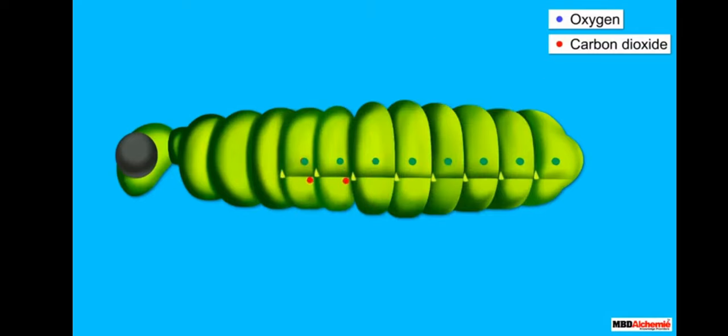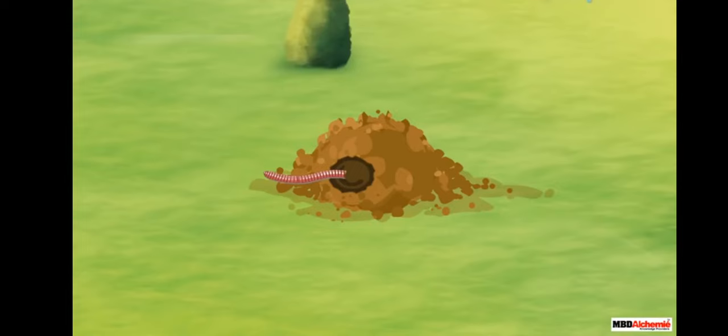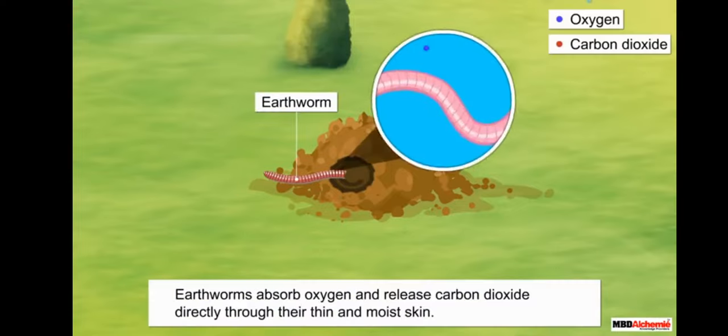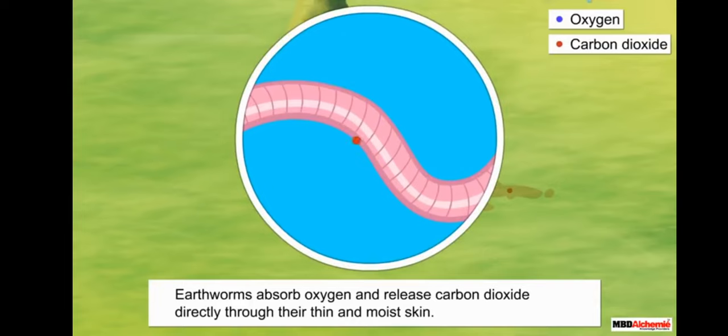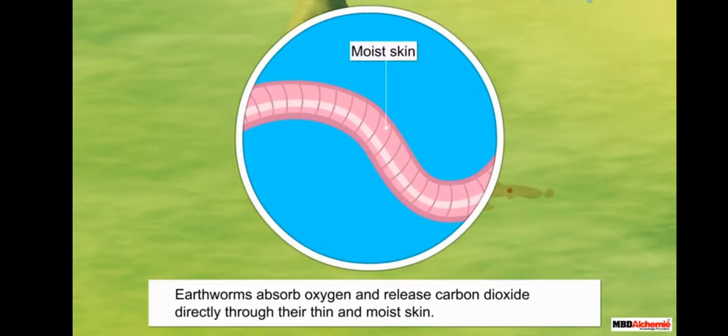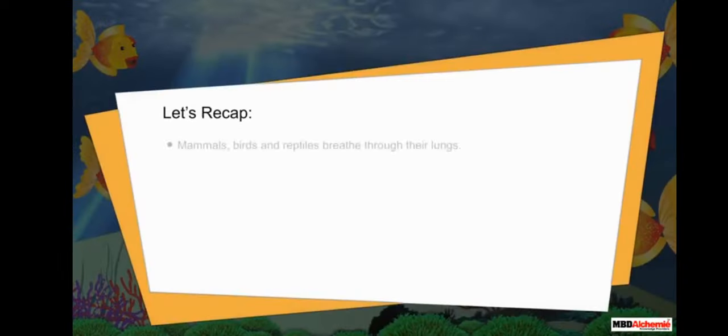Now, there are some other animals that do not have special body parts for breathing. Instead, they breathe through their skin. For example, an earthworm. Earthworms absorb oxygen and release carbon dioxide directly through their thin and moist skin. Let's recap.